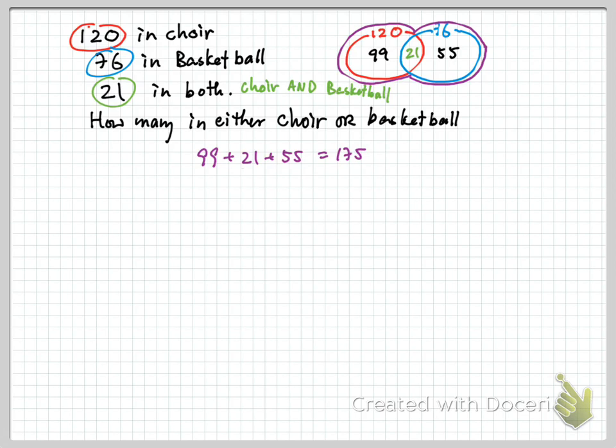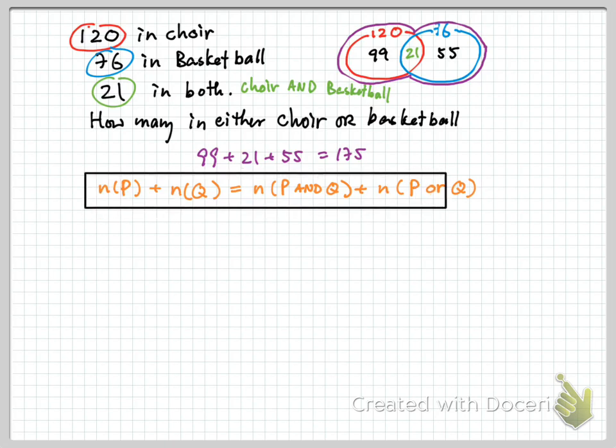Or there is a neat formula that can help us. Let me highlight the formula. We have the number of people in P, and the n bracket means the number of people, in Q, equals the number of P and Q plus the number of people in P or Q. That is a very important principle when you want to work out the population in a Venn diagram.